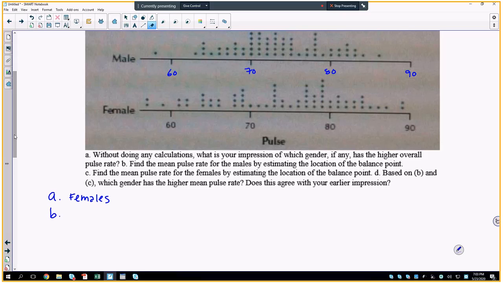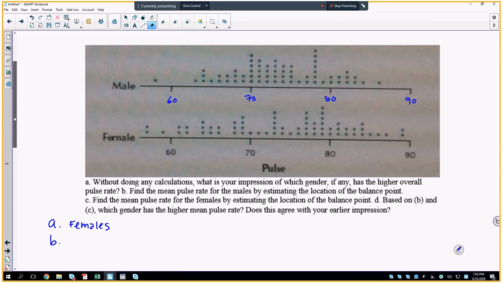Can we say whether it's skewed left or skewed right? It looks maybe like it's left skewed. So here's our mode. We have the data kind of going long tail that way. So I'm thinking it's left skewed. But we want to find the median. Let's count how many data points there are.